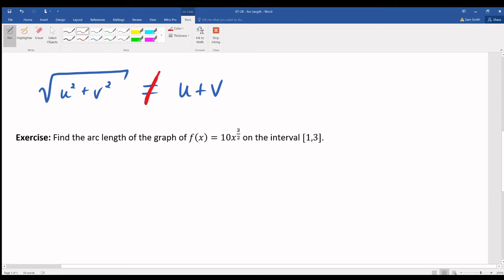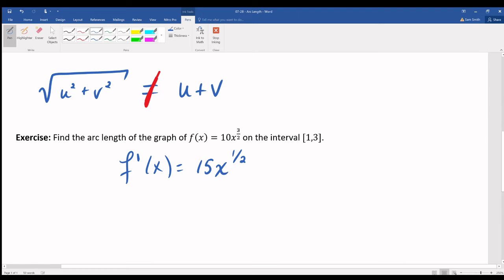So with that in mind, let's do our level best to find the arc length of the graph of f of x equals 10 x to the 3 halves on the interval from 1 to 3. Our journey begins by finding the derivative of f of x. Using the power rule, 3 halves comes down and gives me 15 x to the power 1 half. 3/2 take away 1 gives me 1/2.